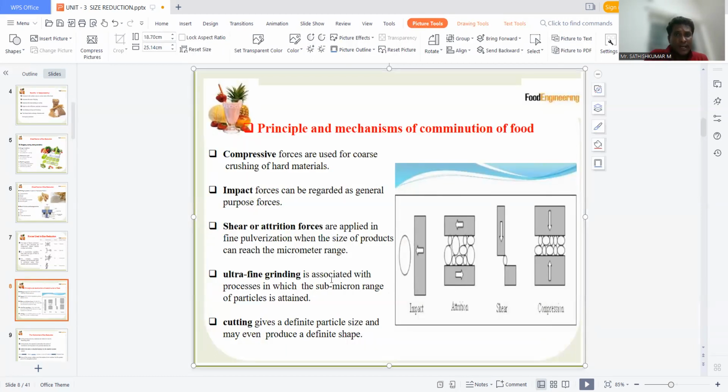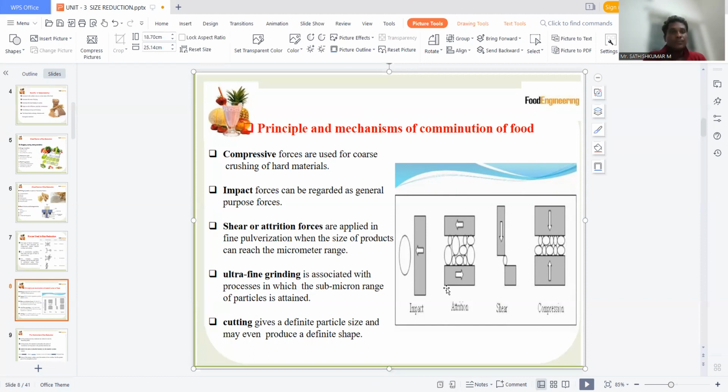In the case of an ultra fine size reduction machine, the final end product will be in the submicron range, which will be easy to handle. Cutting forces give our preferred size and shape of the products. These are all the basic principles and mechanisms of size reduction, or comminution, in foods.